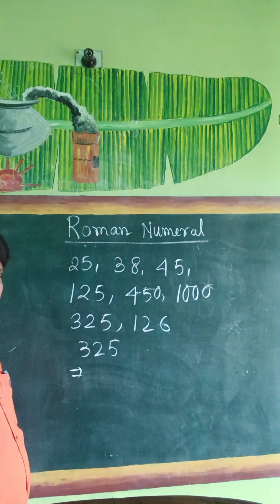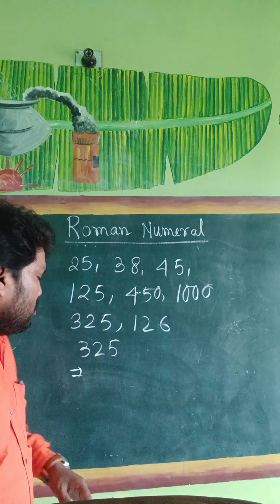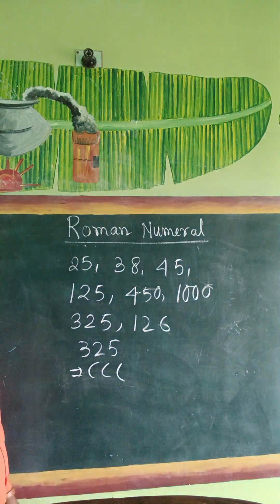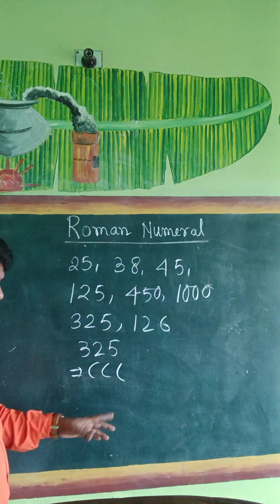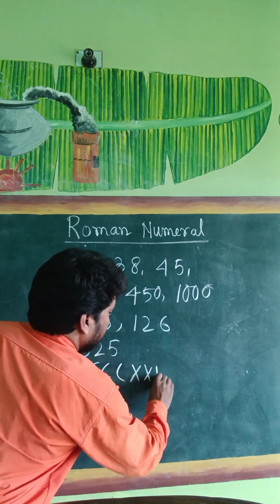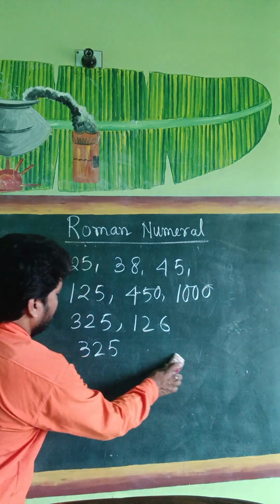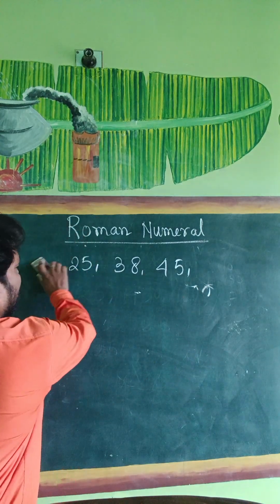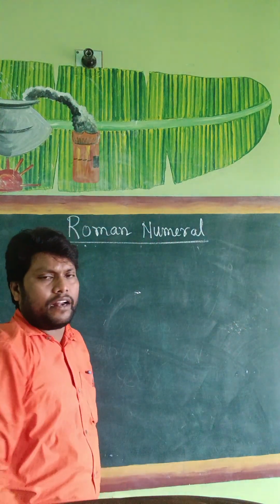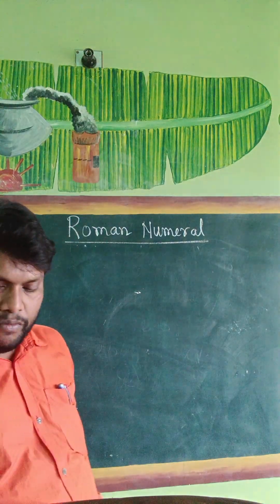Next 325. 100 means C, so C can be repeated 3 times, then 25, XXV. Okay, so these are the basic rules to convert Hindu-Arabic numbers into Roman numerals.